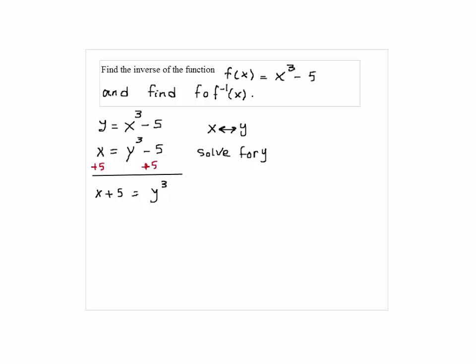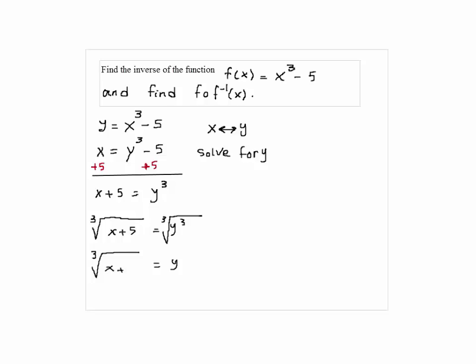So if I take the cube root of both sides, or raise both sides of the equation to the power of 1/3, then I would isolate the y, and that would be like this.